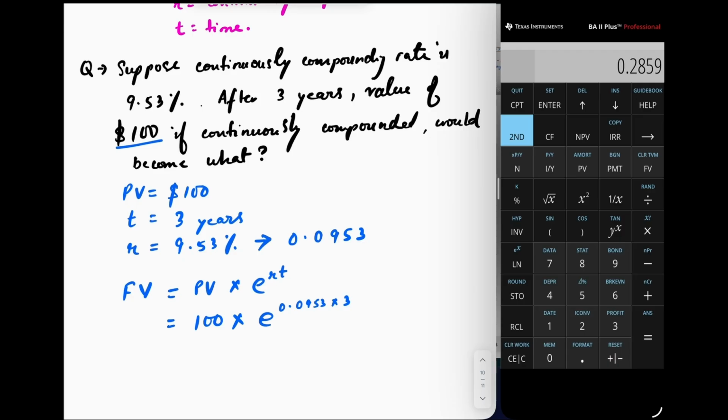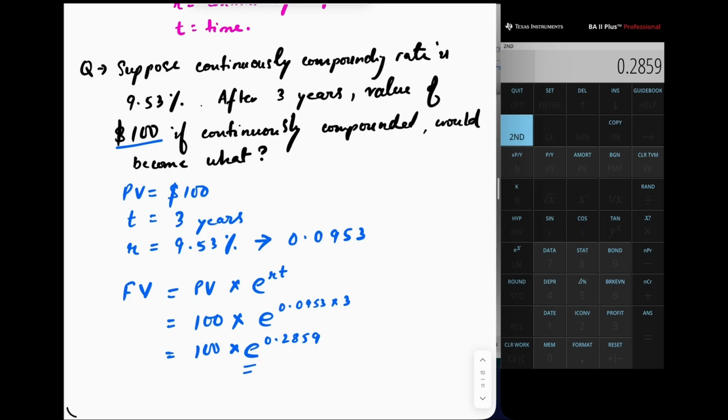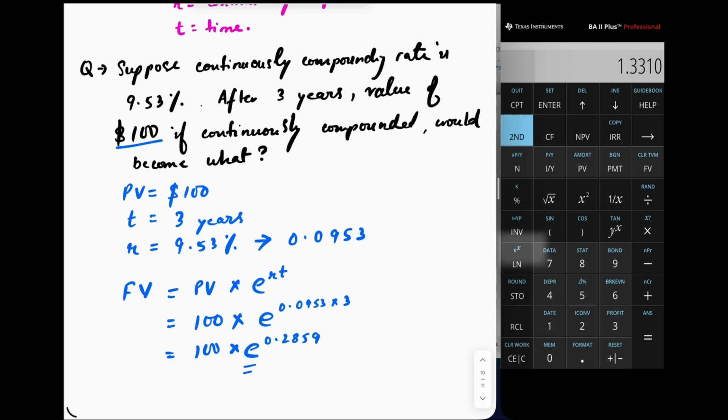So this has become e to the power 0.2859. If I want to use this e, what we do in the financial calculator, the value of this thing is already there. Then we press second, e^x highlighted, press e.